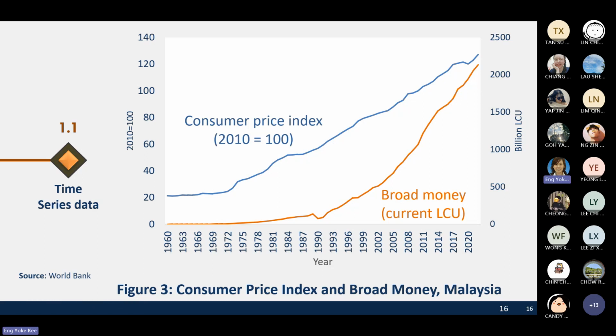Okay, so how do you do that? You want to use empirical analysis. Empirical means it must be evidence-based. Where is the evidence coming from? The evidence comes from the data. Okay, so that is basically what we do.